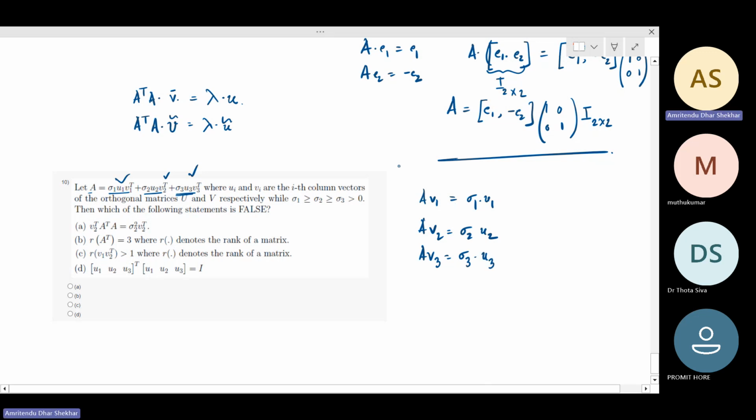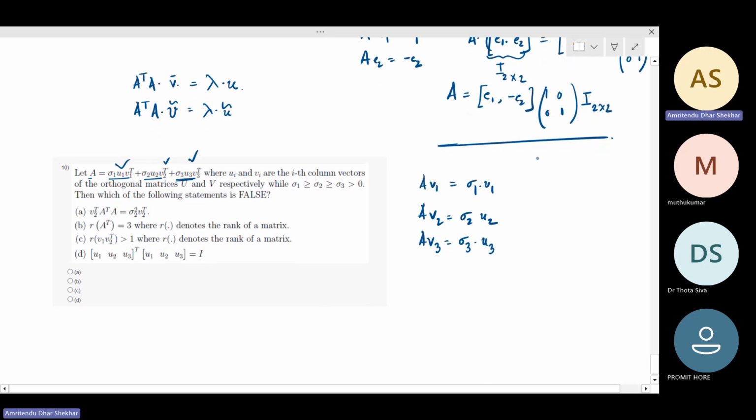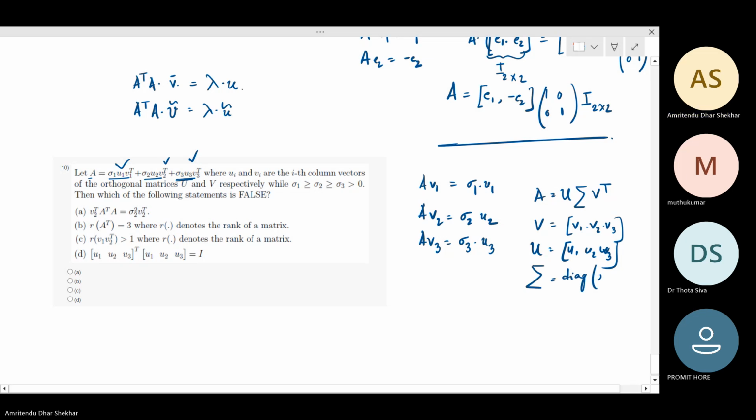Let's say this is the SVD of A. Basically you would write A as equal to U sigma V transpose, where V is V1, V2, V3, U is equal to U1, U2, U3, and sigma is equal to sigma 1, sigma 2, sigma 3. So this is the SVD.